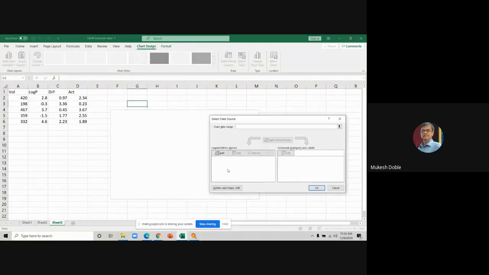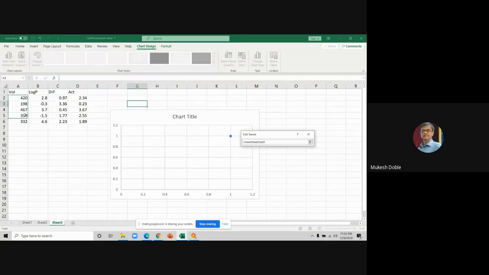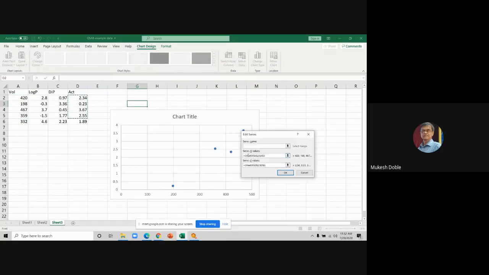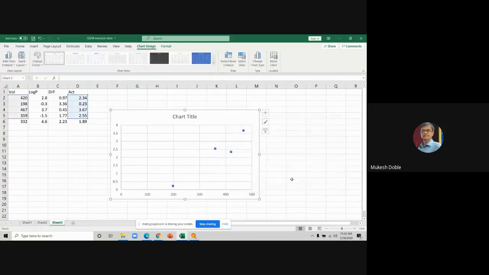Select data, add x value. So now here I have neglected the second point, and they can remain in 4 points.